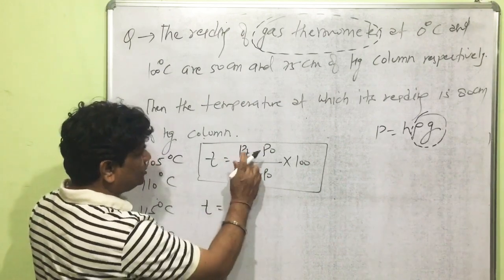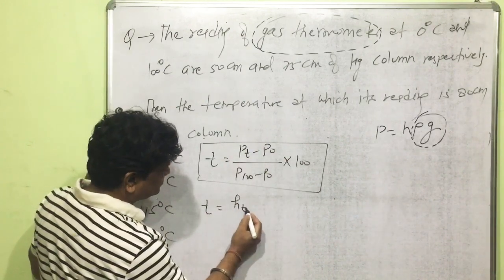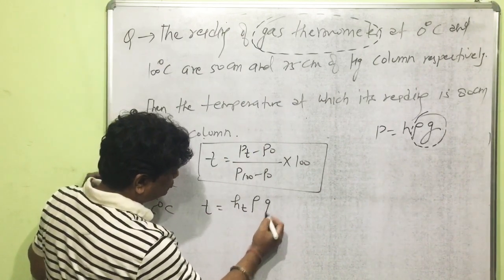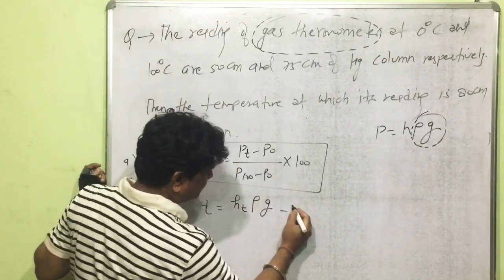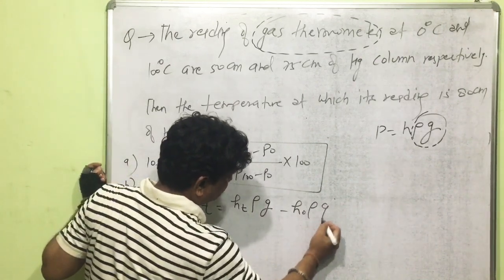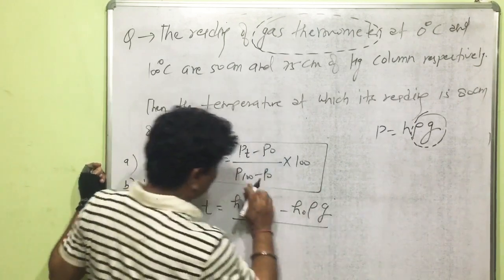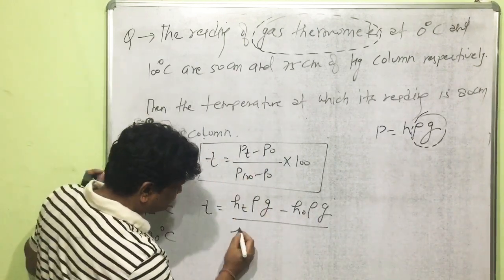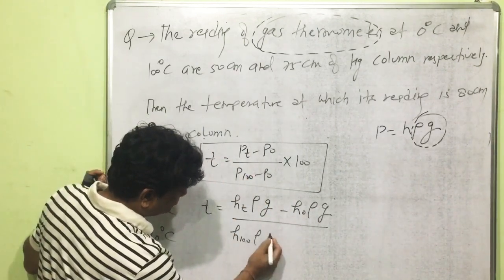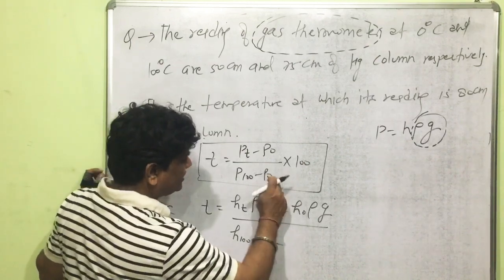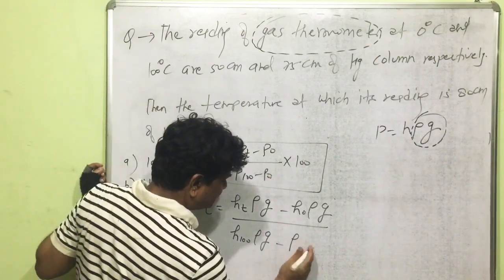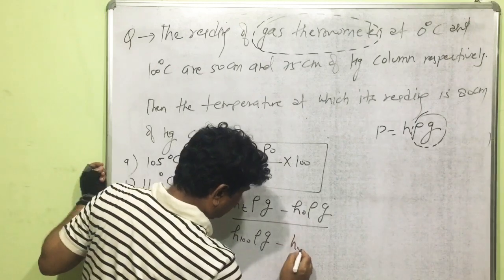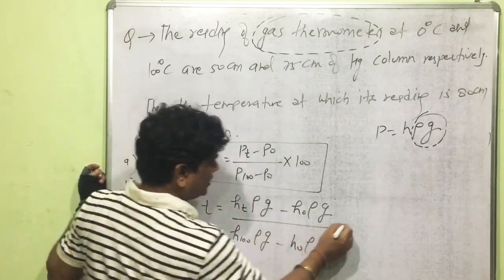T is equal to Pt minus P naught, which is Ht rho G minus H naught rho G, divided by pressure at 100 degrees Celsius minus P naught, which is H100 rho G minus H naught rho G, into 100.